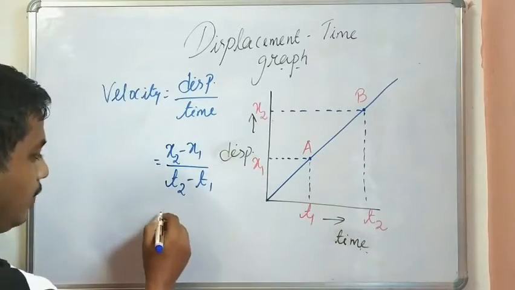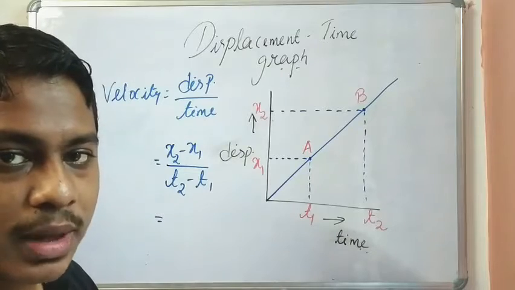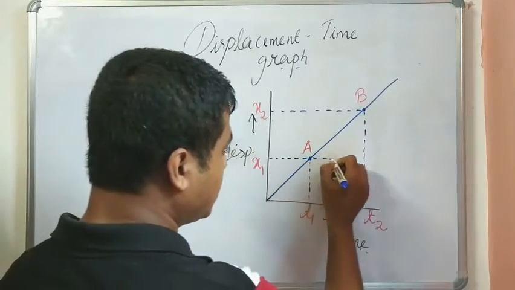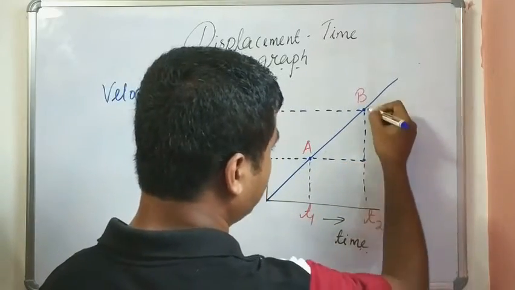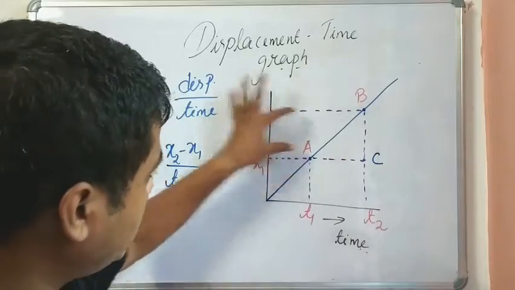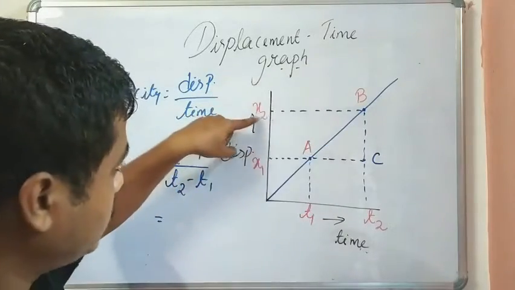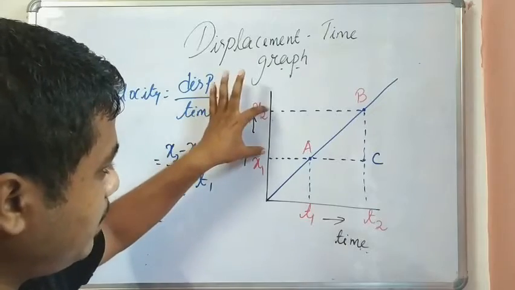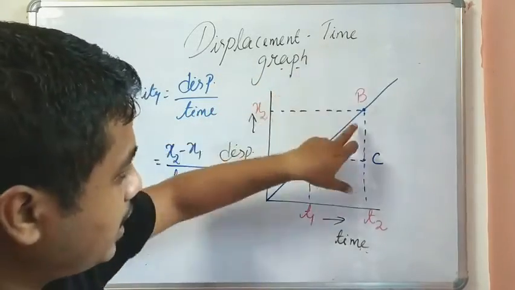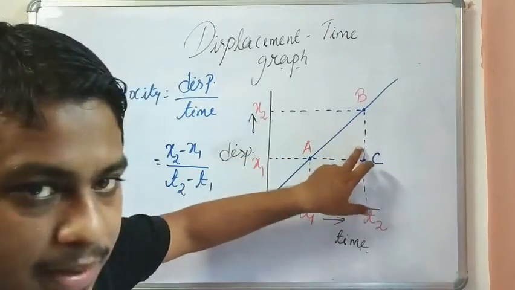Now, which part does x2 minus x1 represent? It represents this part, from point B to C. It is represented by the line BC.